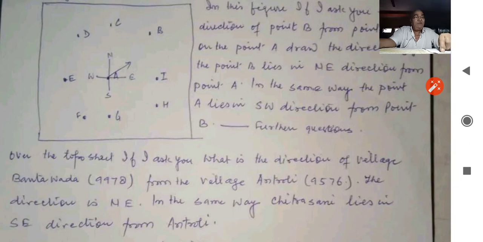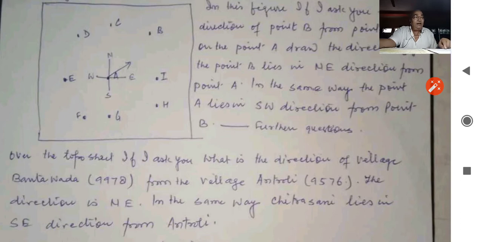So in the same way, from wherever the direction is asked, over that point you draw this figure and give an arrow towards that point, and in whichever direction the point goes, that becomes the direction of that point over the topo sheet.